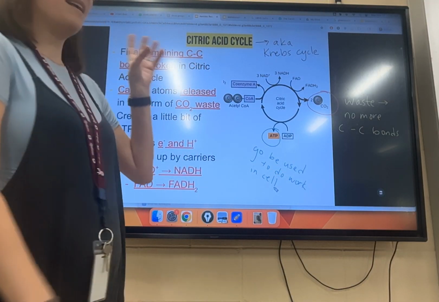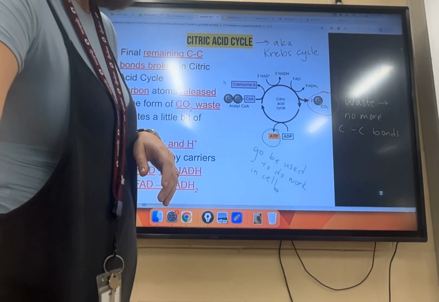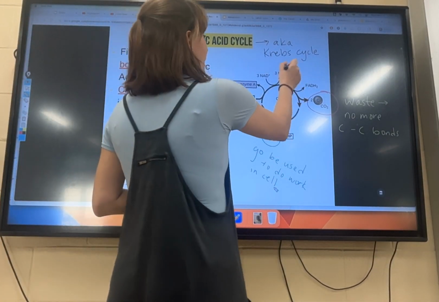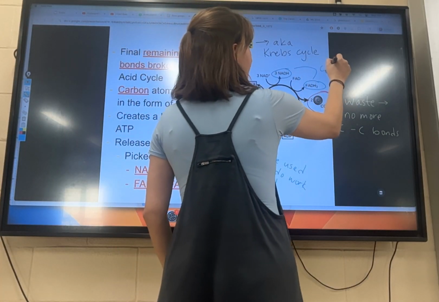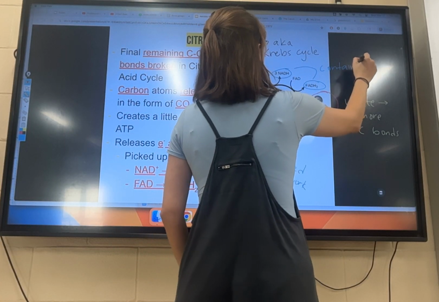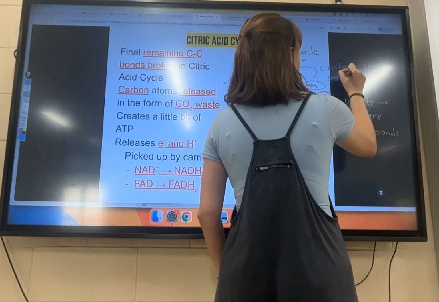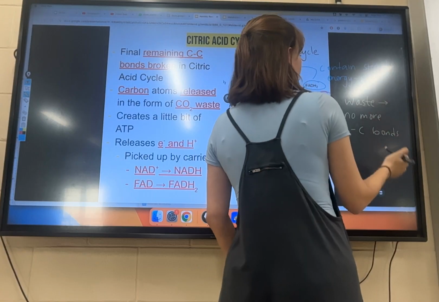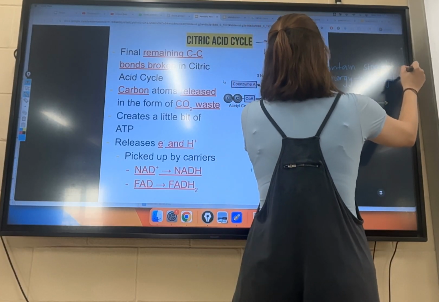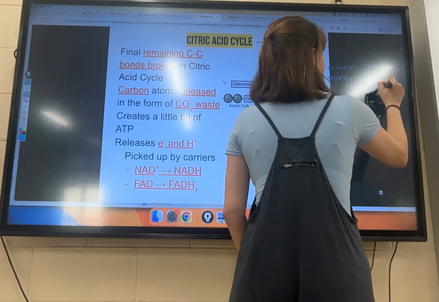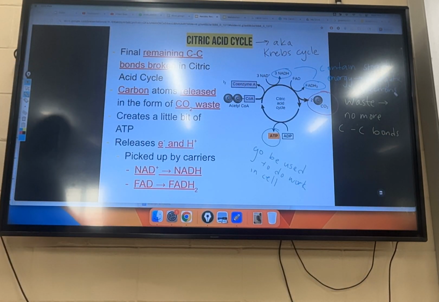We have some super electrically charged, some very excited electrons and some hydrogen ions in this and this. And so these contain stored energy also. They have super excited, very energetic electrons that they are carrying.